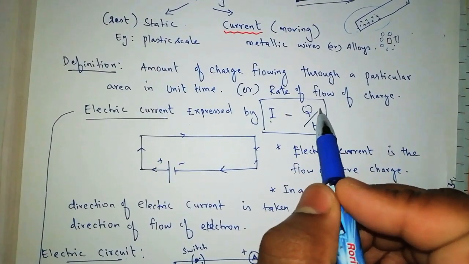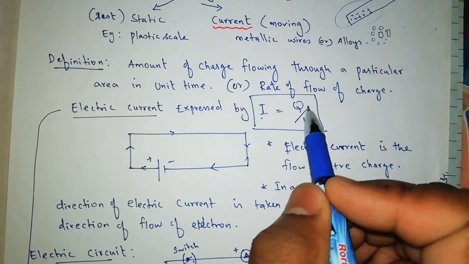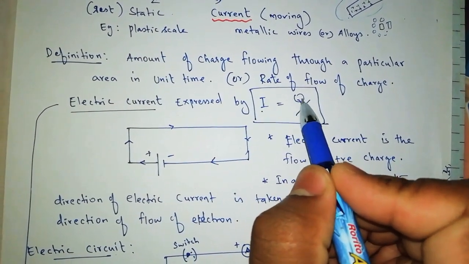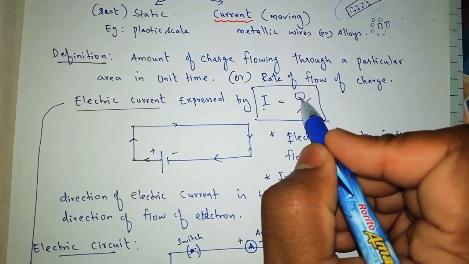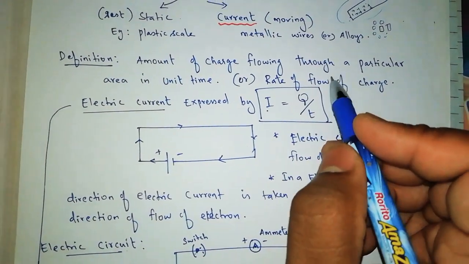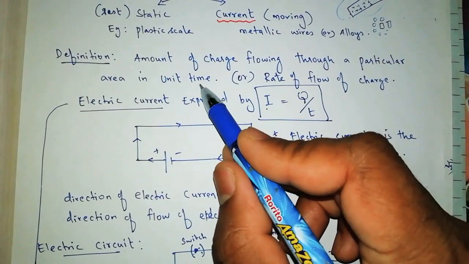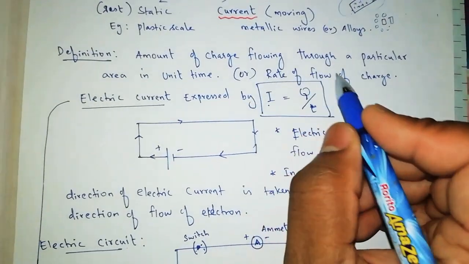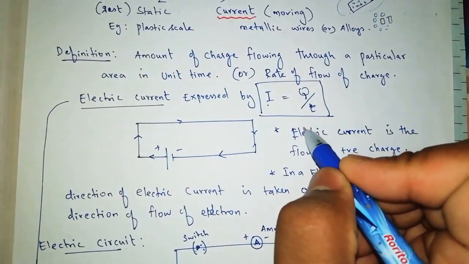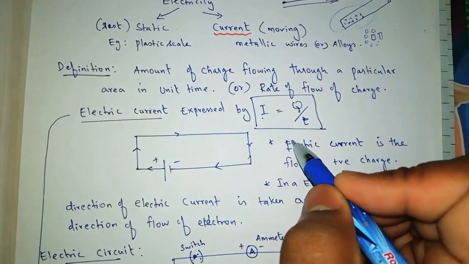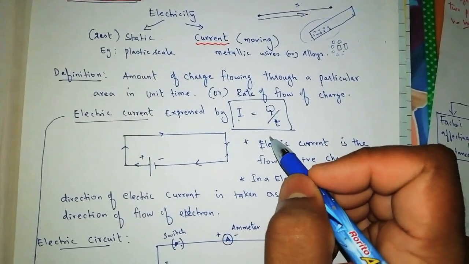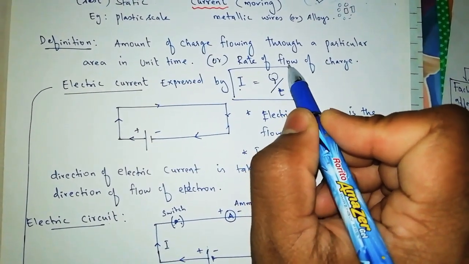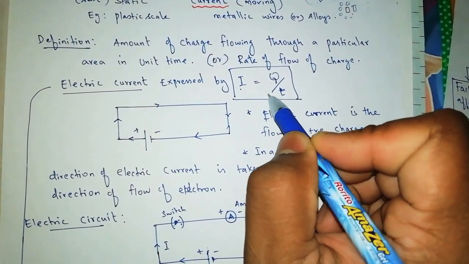The amount of charge. When we are talking about charge, it is always denoted by Q, and in a unit time T. So what is actually an electric current? Electric current is nothing but the amount of charge flowing through a particular area in a unit time.